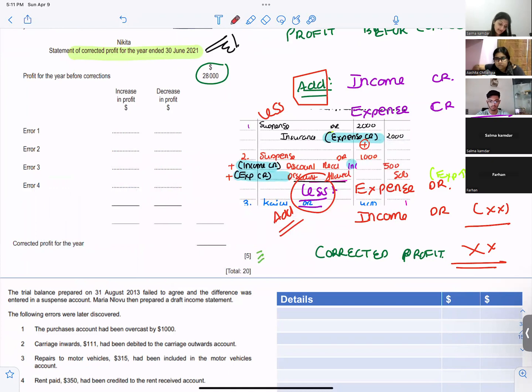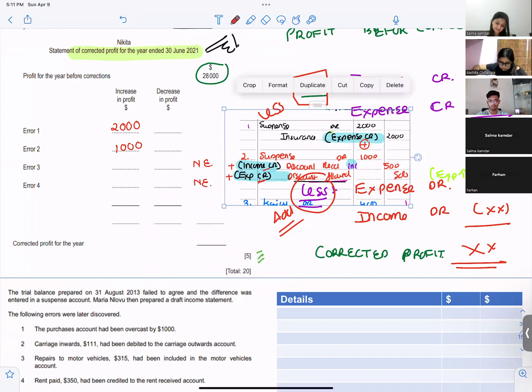So you have to add it. That means you have to increase the profit. Because of error number 2, income is credit, expense is credit. So you have to increase the profit by 1000. Number 3 has no effect. Error number 4 has no effect.